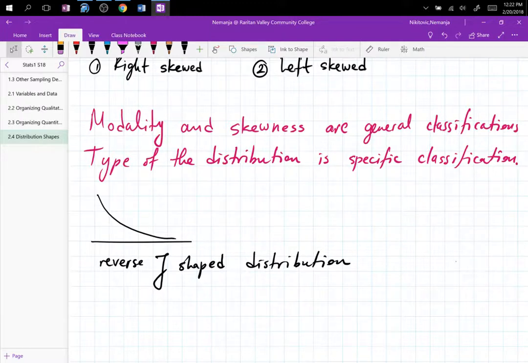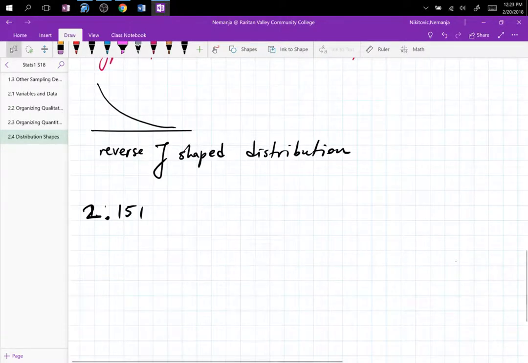So now, before we continue, I'm going to pick data from the homework and just quickly classify this. 2.151 snow goose nests. So 2.151, and we have a histogram given to us.